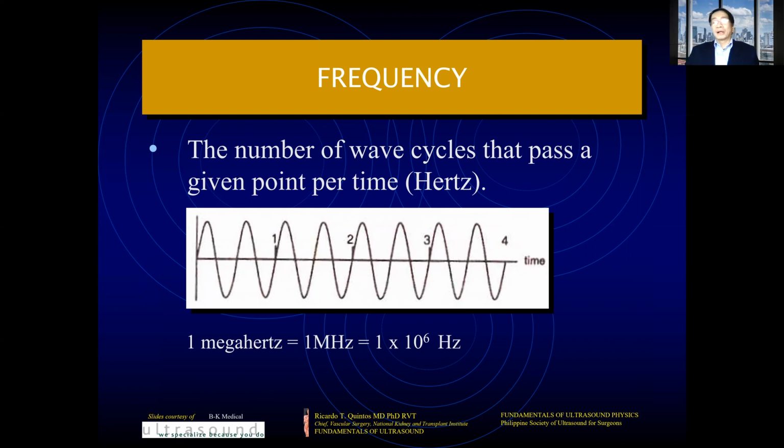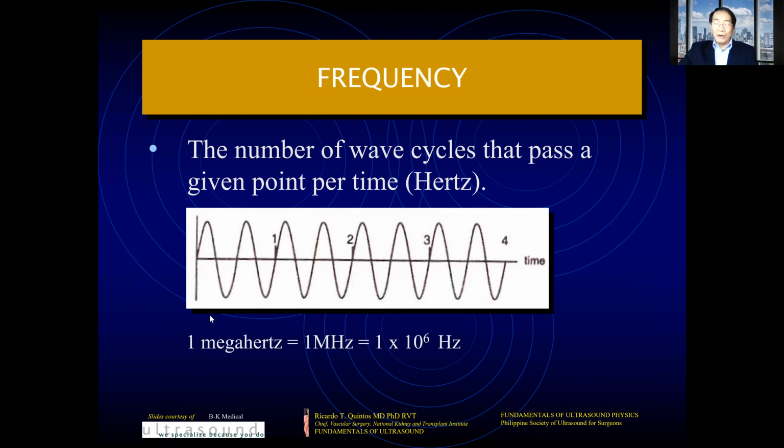If the waves are closely packed together, there will be more waves per second, and that is called a higher frequency wave. Whereas if the waves are longer in duration and fewer waves pass through a particular point at a particular time, then that is a low frequency wave.